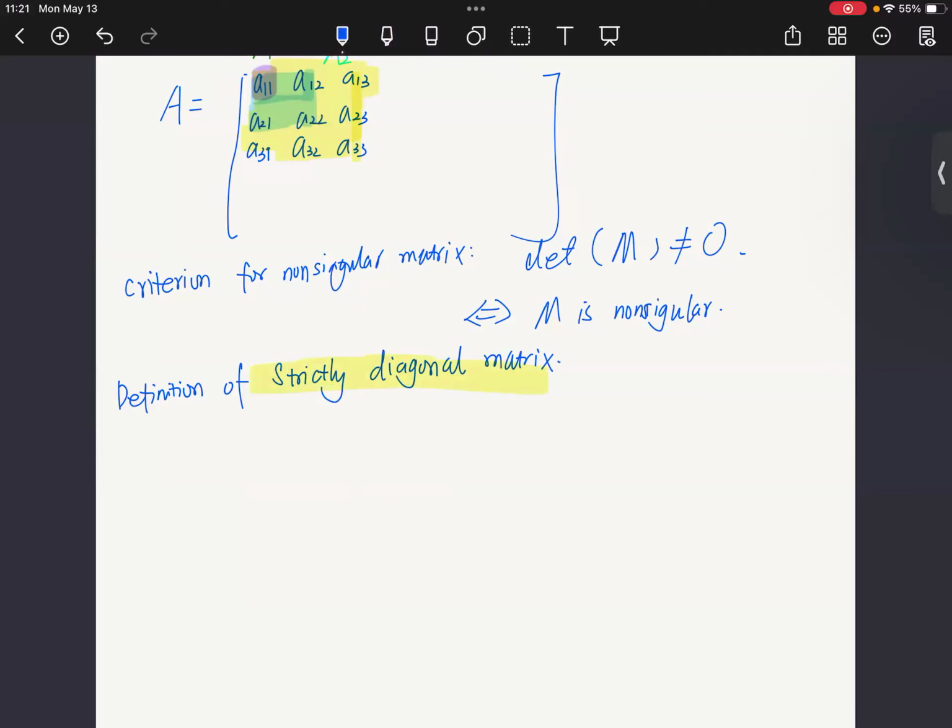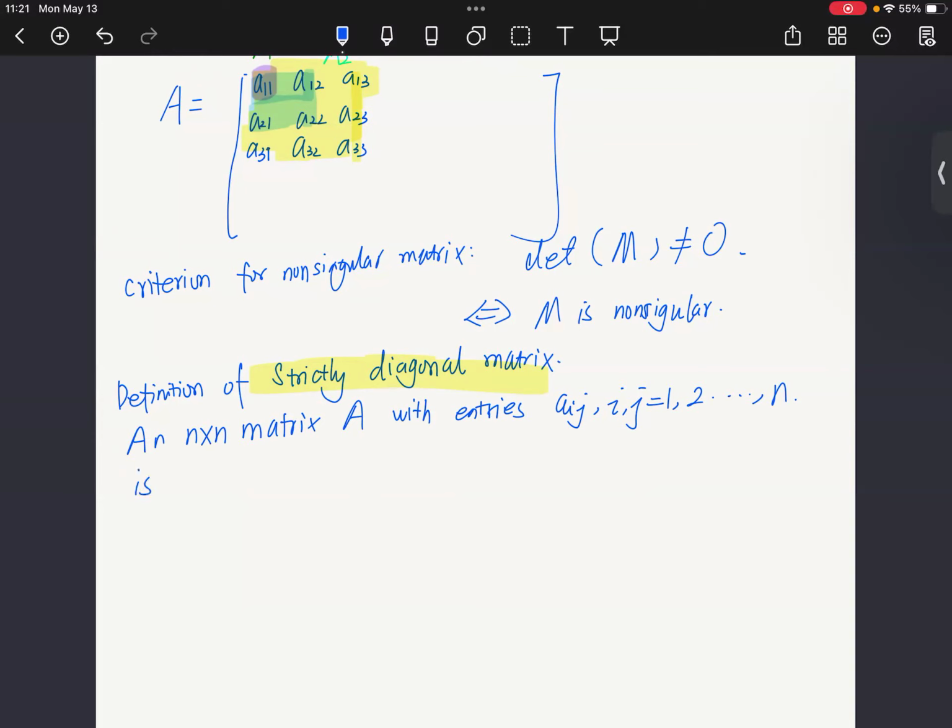Now we have an n by n matrix A again, with entries Aij, where i and j can be 1 to n.